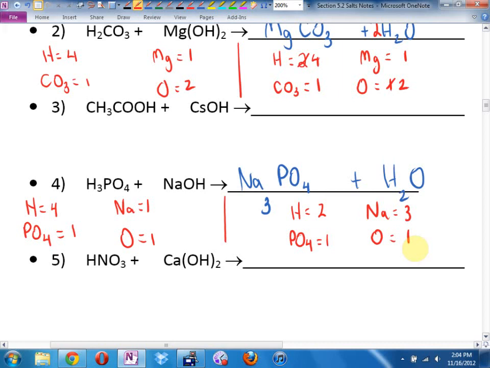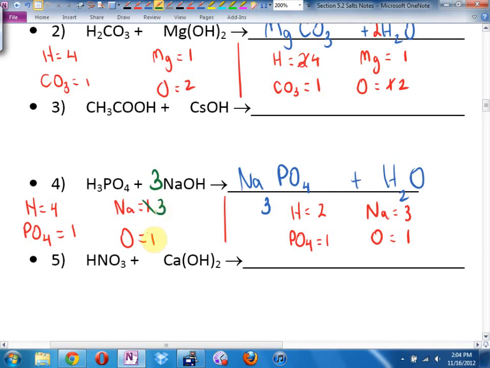Well, I think for sure I'm going to need to go 3 of those, because that's going to give me 3 sodiums to go with 3 sodiums. Right? What else does that change?